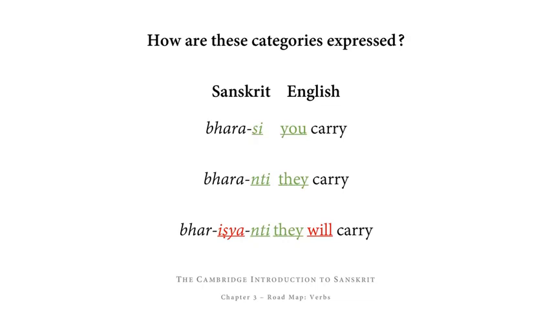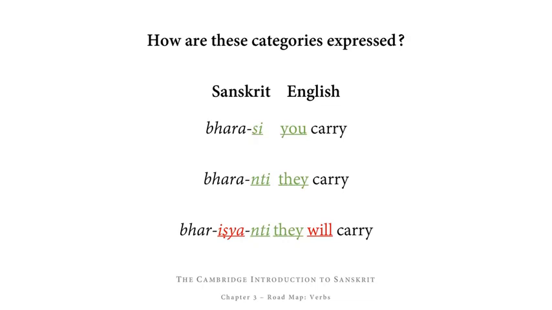If I want to not talk about you, but talk about them, then I change that little word and I say "they carry." In Sanskrit, I would express these ideas by adding different endings to the same verb, and so "you carry" would be bharasi, whereas "they carry" would be bharanti. Si and nti correspond to "you" and "they."